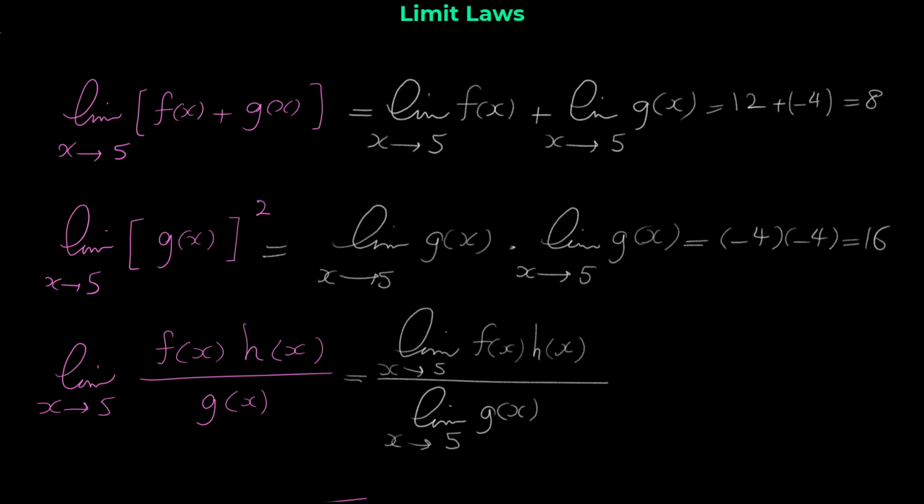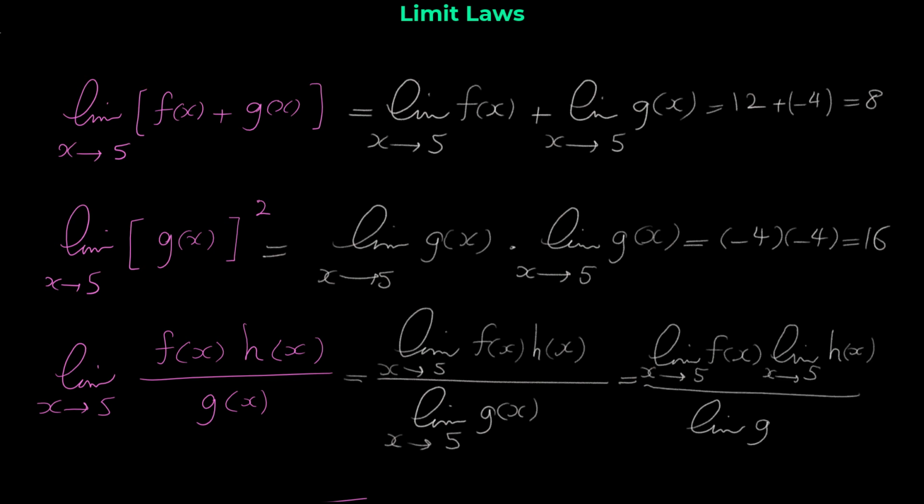Now, based on the product rule for limits that we had, we can write the limit of f times h as the limit of f of x when x approaches 5 times the limit of h of x as x approaches 5, all over the limit of g of x when x approaches 5.